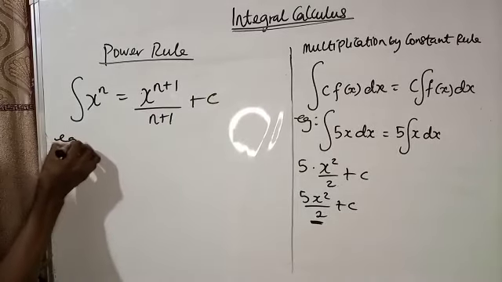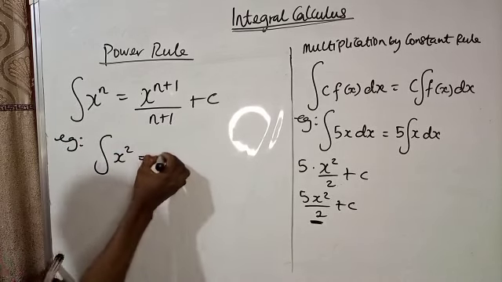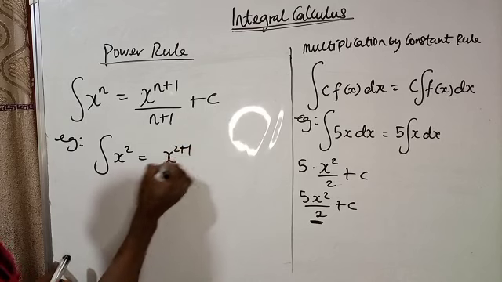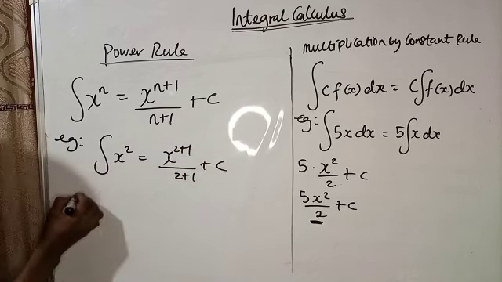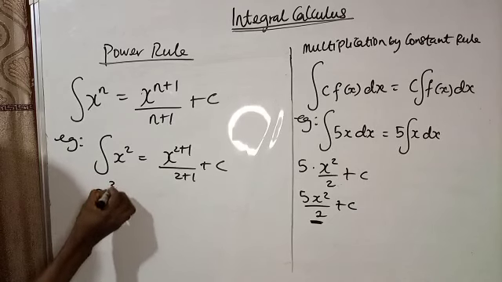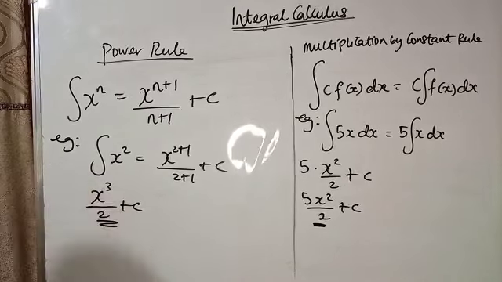So if you have the integral of x squared, it equals x to the power of 2 plus 1 all over 2 plus 1, plus your arbitrary constant. So we have x cubed all over 3 plus c. This is the answer.